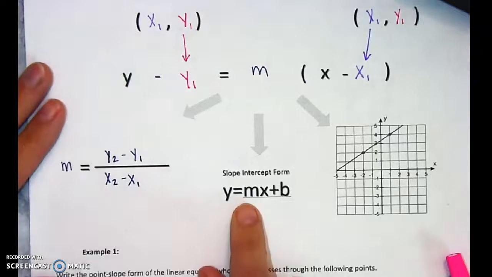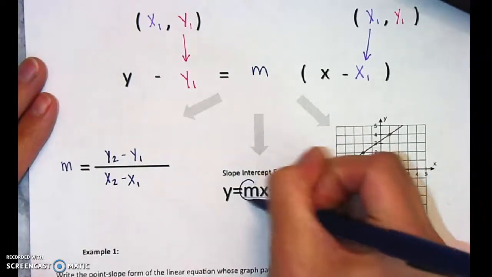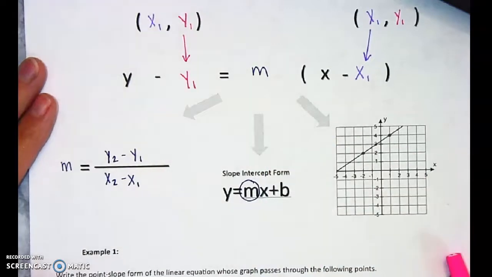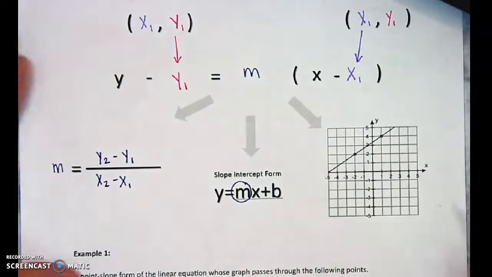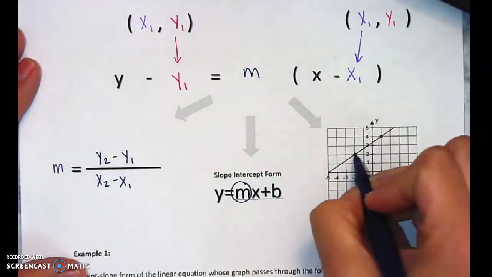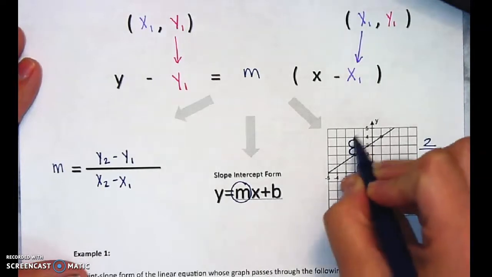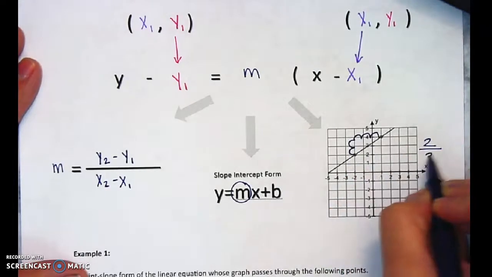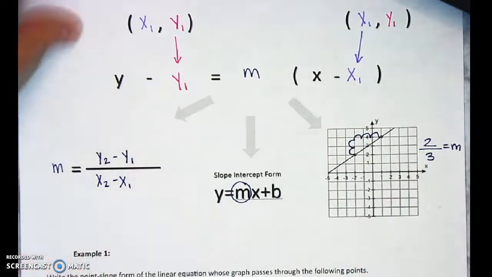We can also be given a formula, and we already know that y equals mx plus b. M, just m, is our slope. Or we can be given a graph, and we can get slope by looking at our rise over our run. Okay, so just a quick reminder, that's how we get slope.